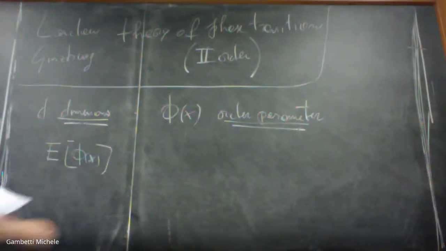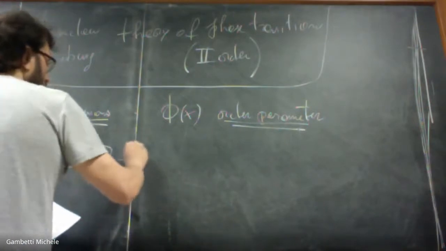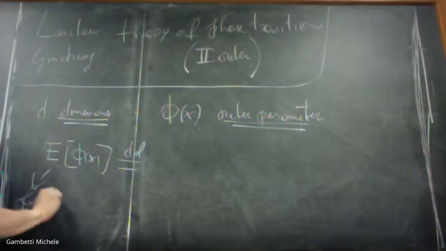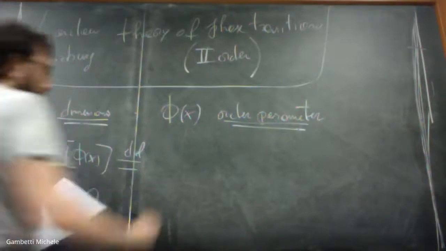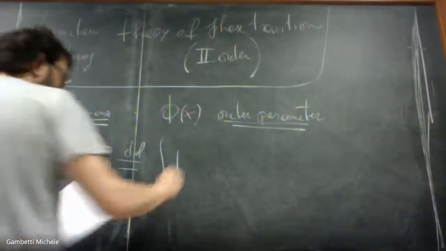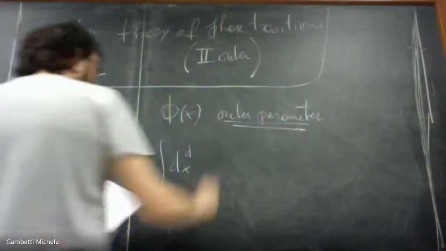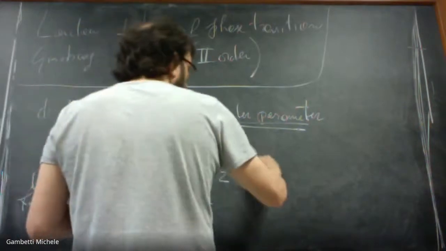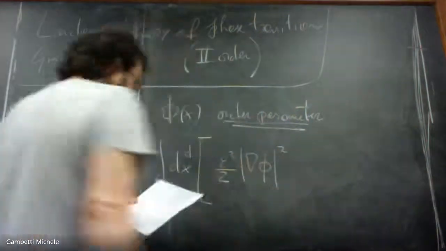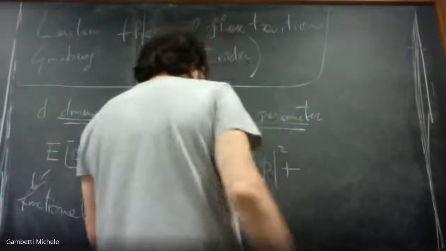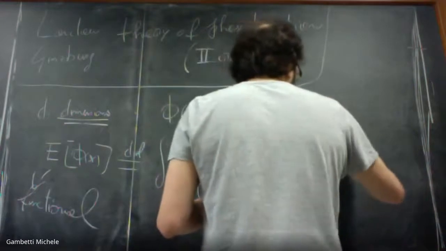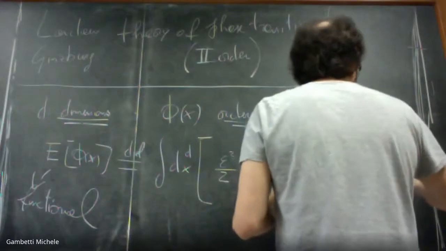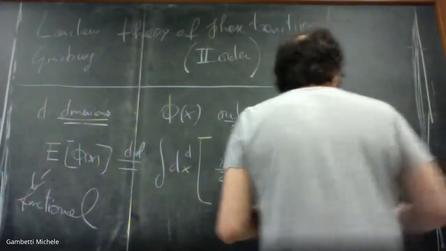It is defined as a functional, an integral over space, d^d x, of this quantity: epsilon squared divided by 2 times the modulus squared of the gradient of phi, plus a potential, minus h of x times phi of x.